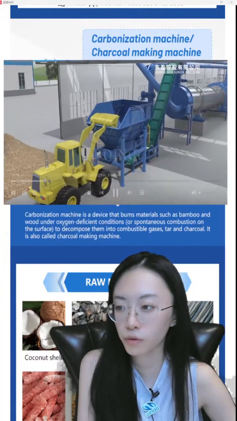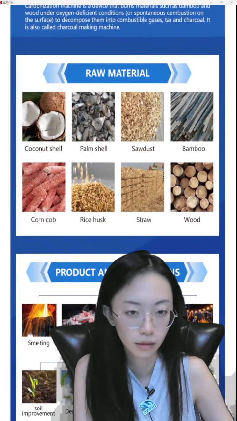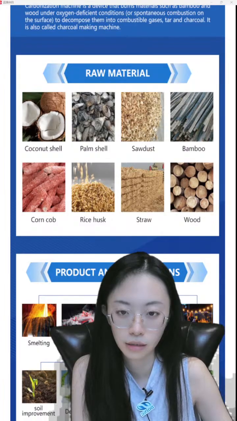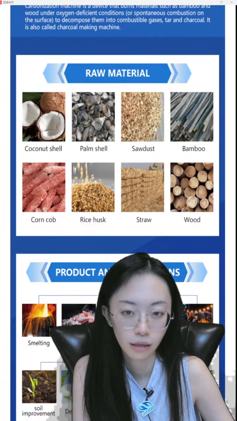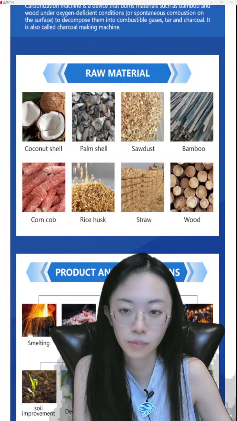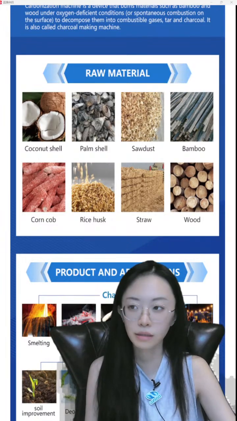Let's see the raw material and the final products. Here is the raw material that we can process, and also some other materials. Using this equipment, we can get charcoal from different kinds of biomass.